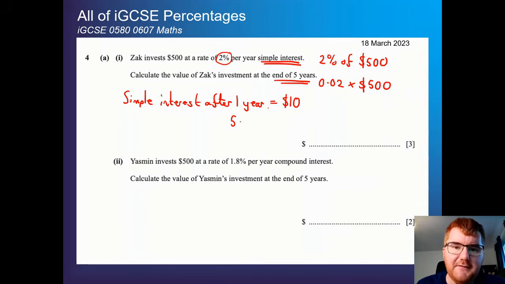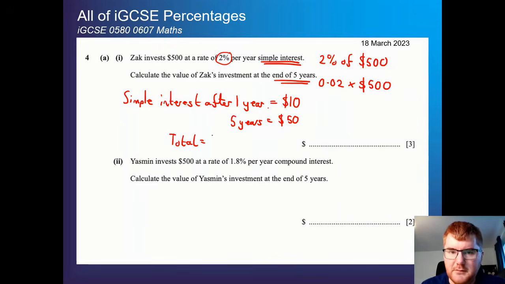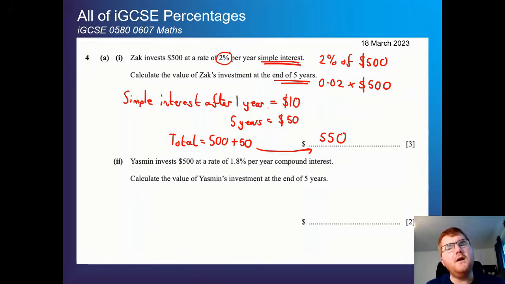So after 5 years, well, we just times this by 5 to give us 50, and therefore the whole investment, so the total is the 500 that we started with, and then we add on that 50, giving us $550. Quite surprised this is a 3-mark question, to be quite honest, but take those marks when they come along.